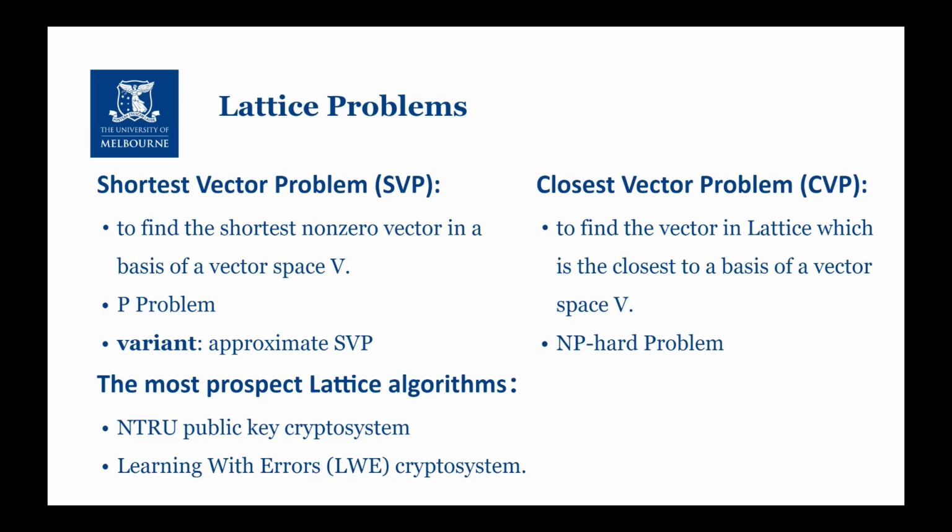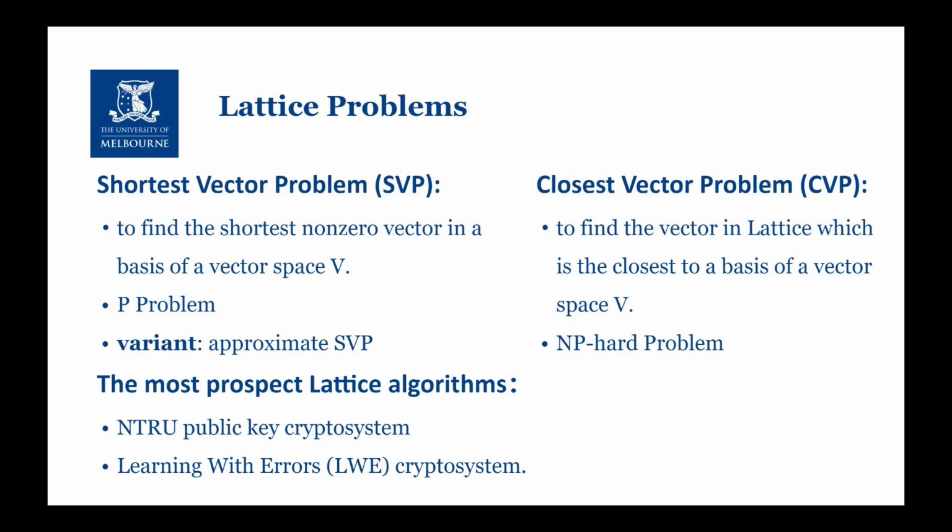Now it is P problem. Its variant approximate SVP, with a parameter alpha, can control the difficulty of this problem between P problem and the NP hard problem. For CVP, it is to find the vector in lattice which is closest to the basis of a vector space V. It is NP hard problem.